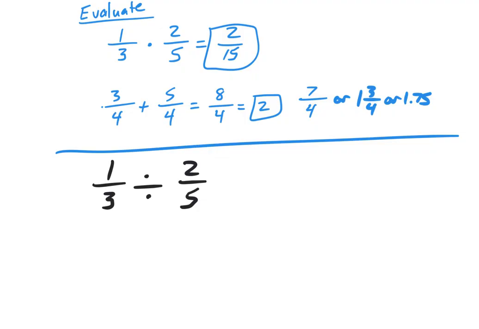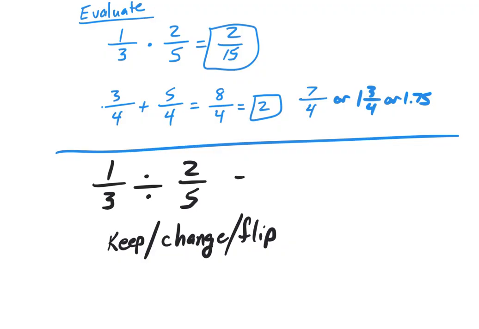What do we have to do? Keep, change, flip. Yep. Whenever we divide by a fraction, the rule is keep, change, flip. Anybody never heard that before? You guys have probably heard that before, right? Keep, change, flip.